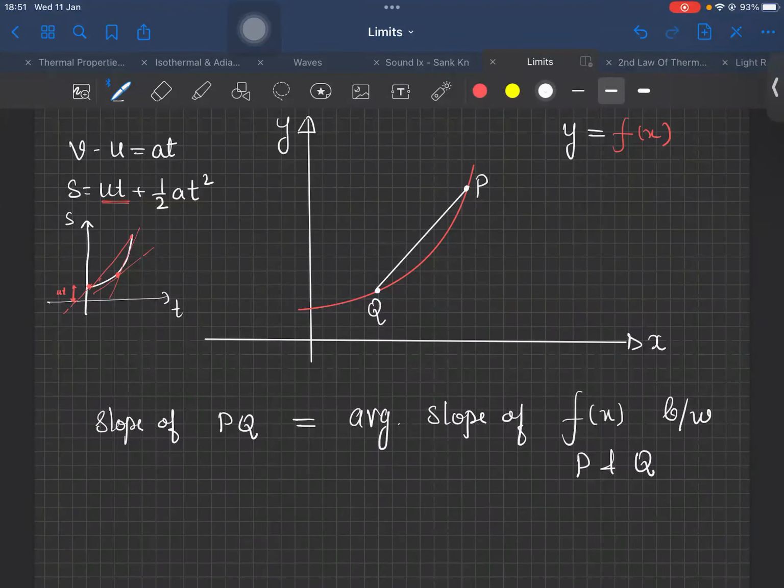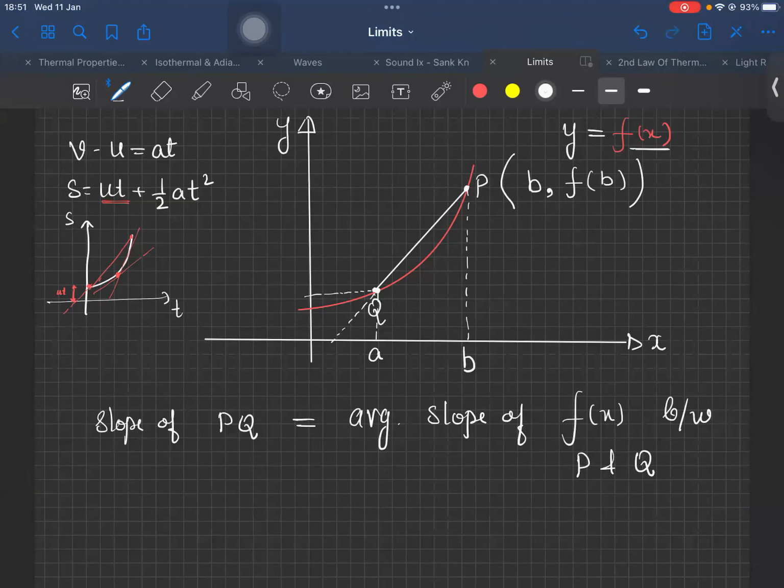Now, that's the average velocity, right? Let's write down the coordinates of point Q. Let's say this is point A, x is equal to A, and this is x is equal to B. What will be the coordinate of this point P? This will be B comma f of B, because you substitute B instead of x.